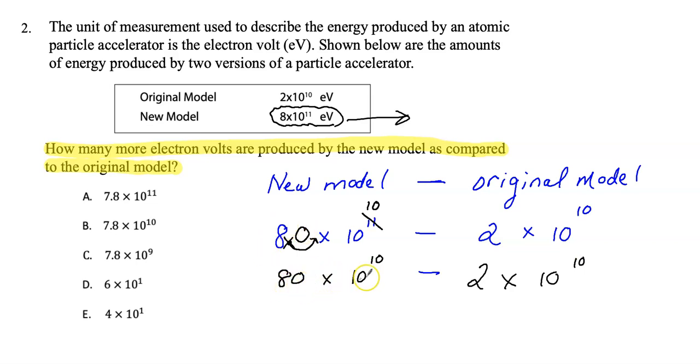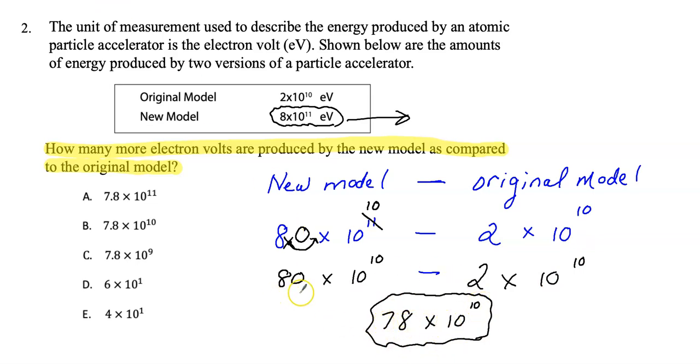If I have 80 10 to the 10ths and I subtract 2 10 to the 10ths, I'm left with 78 10 to the 10ths. Let me repeat that. Think in your mind, 80 10 to the 10ths, take away 2 10 to the 10ths, is a total of 78 10 to the 10ths after I subtract.